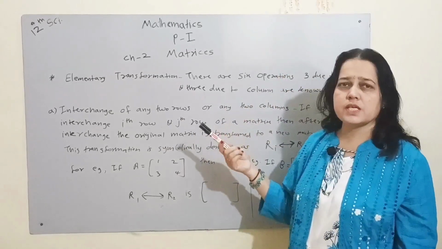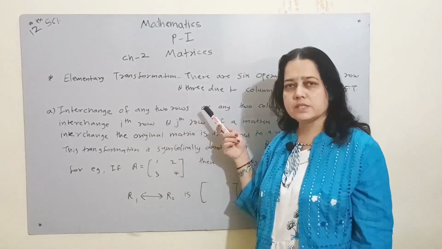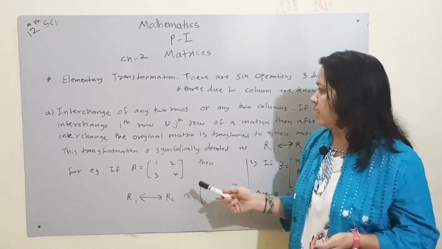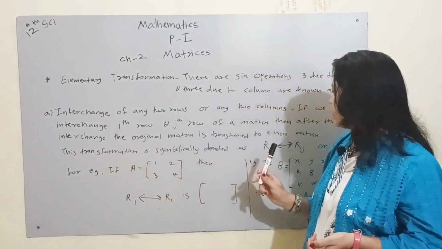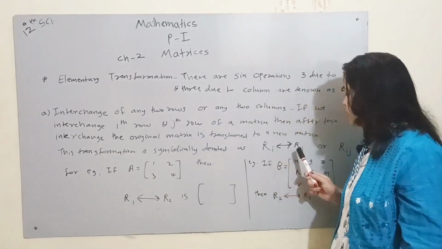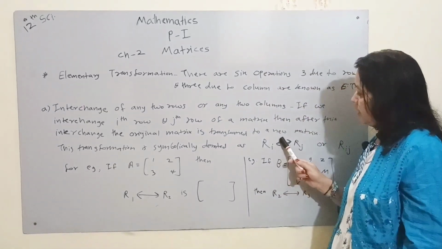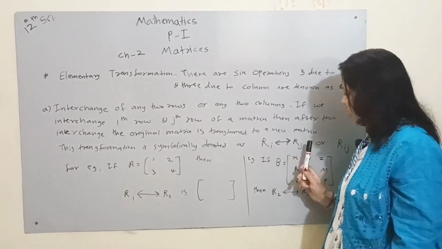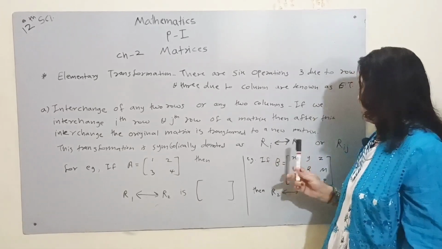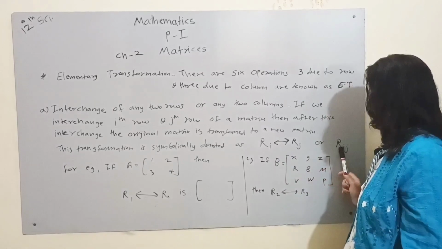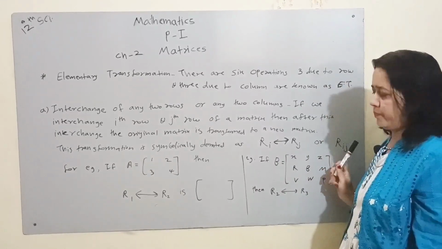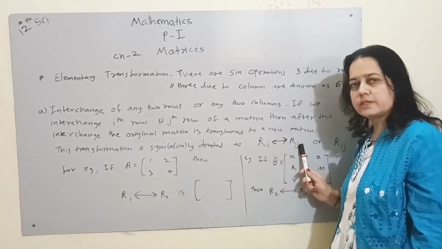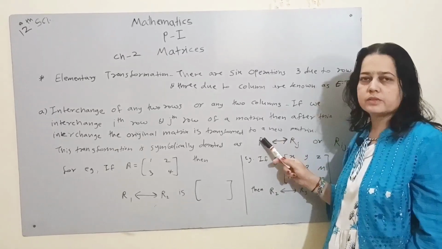If we interchange ith row and jth row, then there is a new matrix, and symbolically it is denoted as Ri to Rj. Here a double arrow is given, Ri to Rj or Rj to Ri, or it is also denoted as Rij. Means we have to transform ith row to jth row and jth row to ith row.